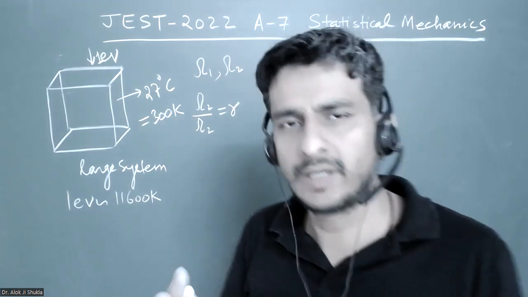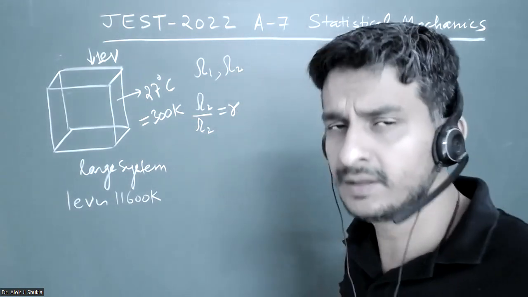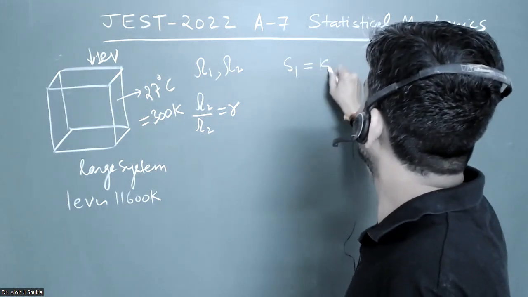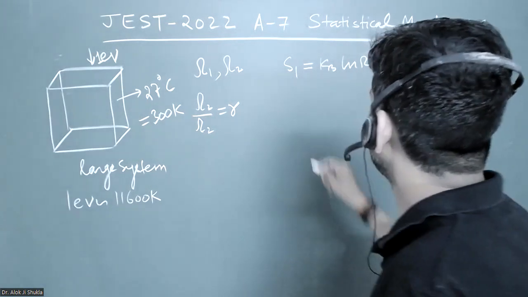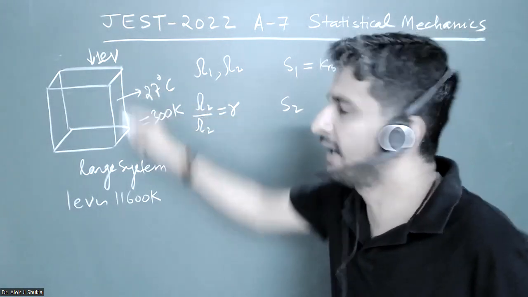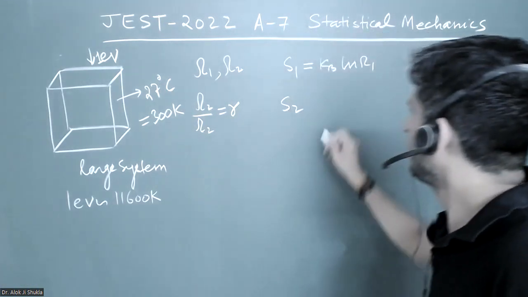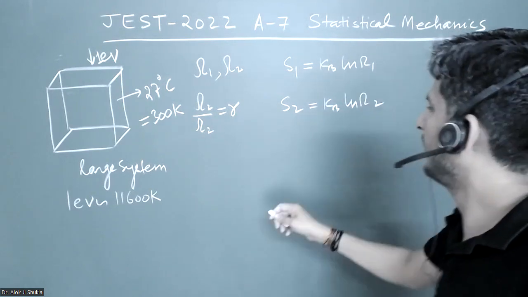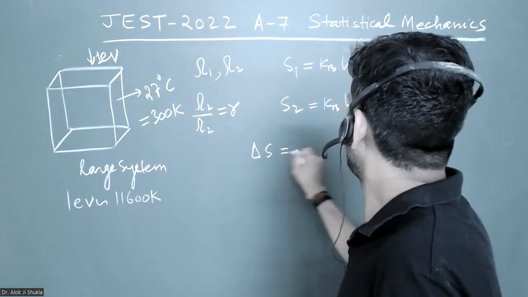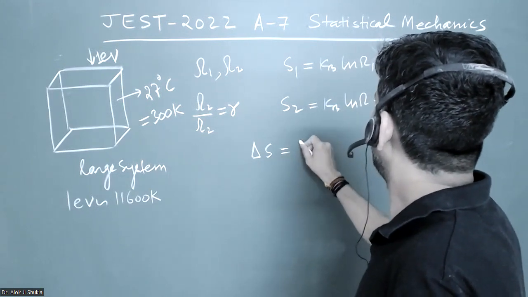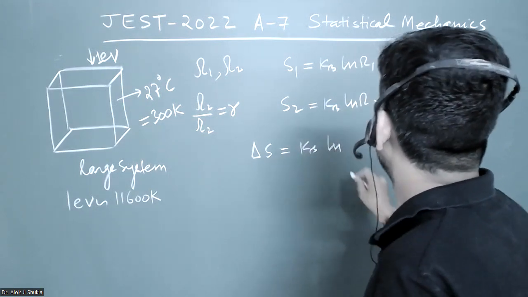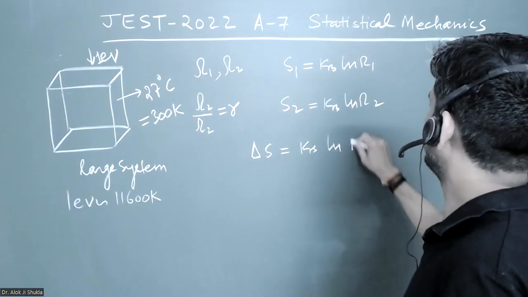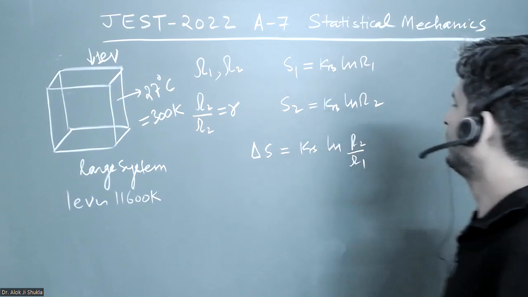So let us go by the basics: initially entropy S1 is equal to Kb ln omega 1, and finally after addition of 1 electron volt of energy, it becomes Kb ln omega 2. So the change in entropy, subtracting, is Kb ln omega 2 by omega 1.